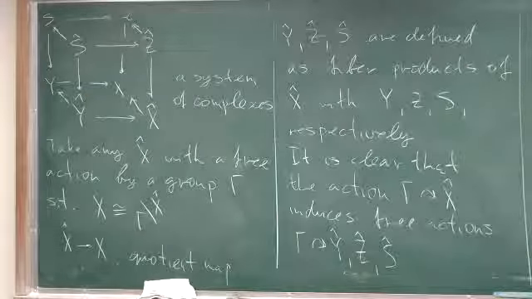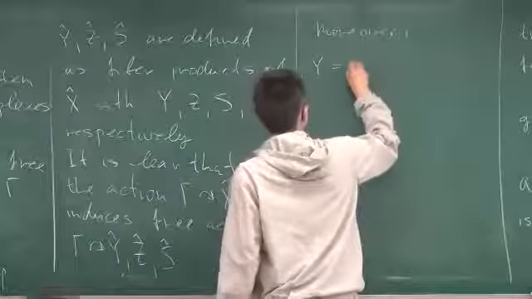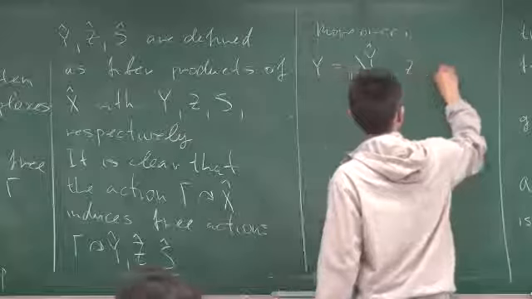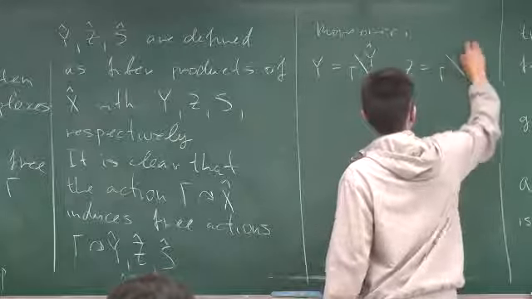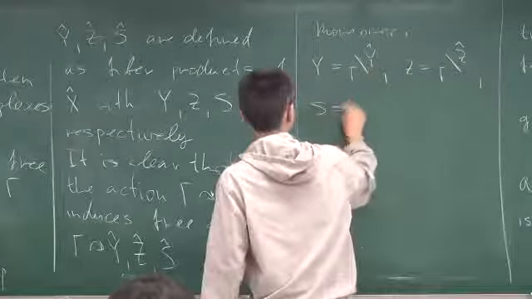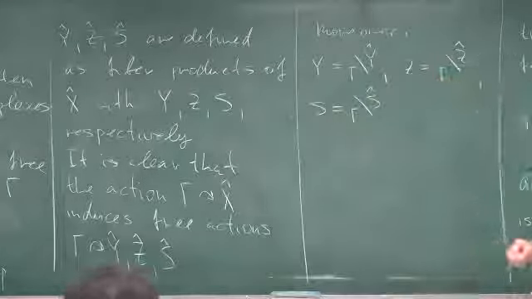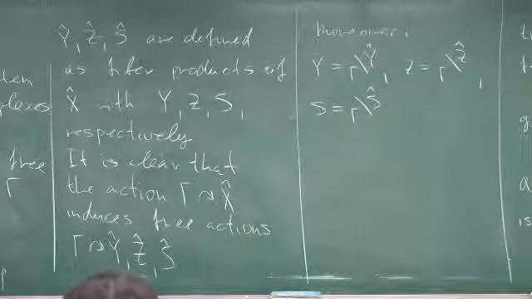So preimages are exactly orbits. It means that Y is exactly the quotient of Y hat, Z is the quotient of Z hat, and S is the quotient of S hat. Those are the quotients. So that gives a group action.